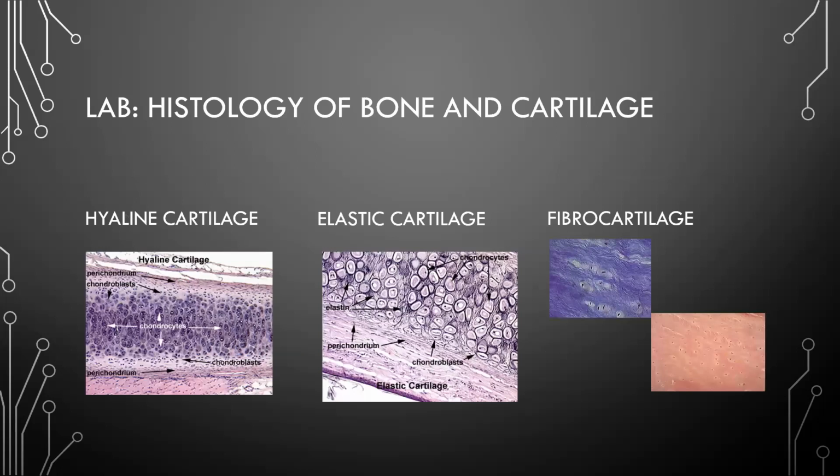With these pictures, he said, I don't know, you'll probably still have to know the structures of things inside them, but he said the big thing was going to be knowing the different types of cartilage. So being able to differentiate each type of cartilage will be very important. With the fibrocartilage, you're not going to have a perichondrium.